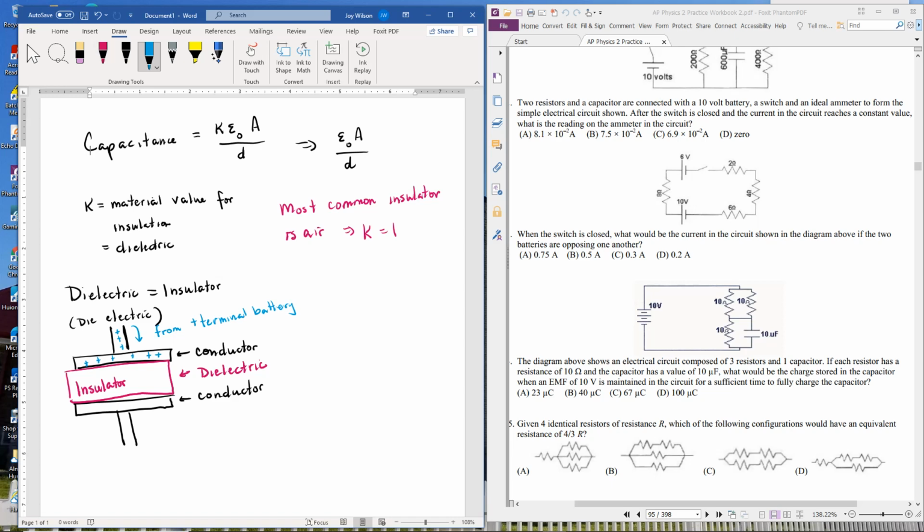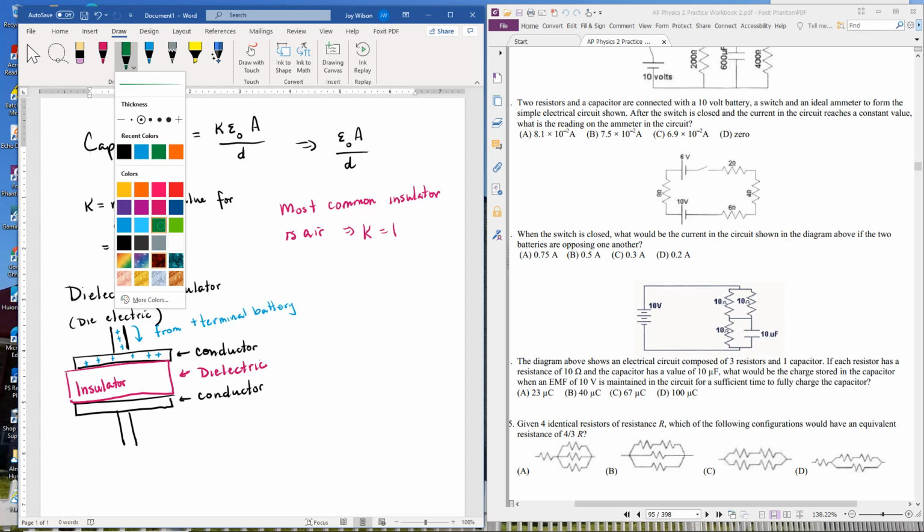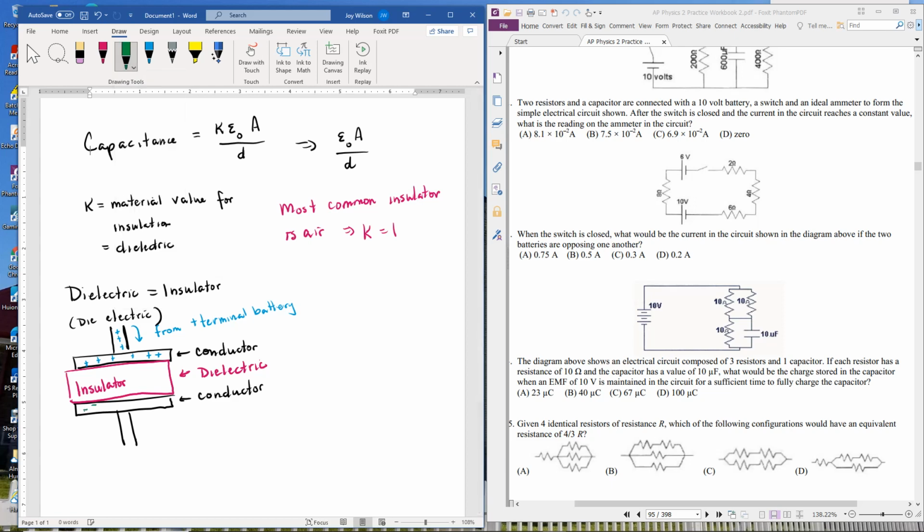And what happens on the bottom is you have some negatives in this piece as well as positives, because normal materials have both positive and negative charges.